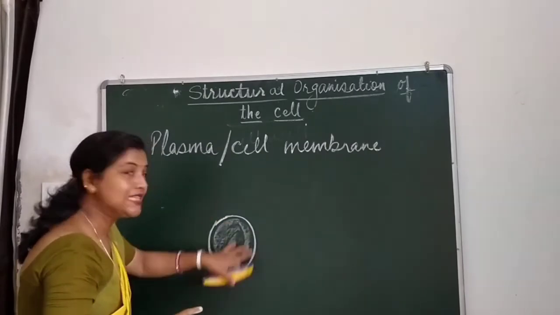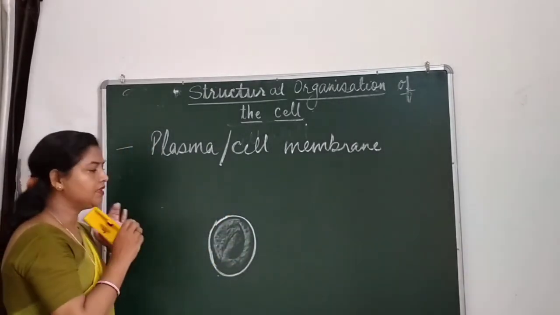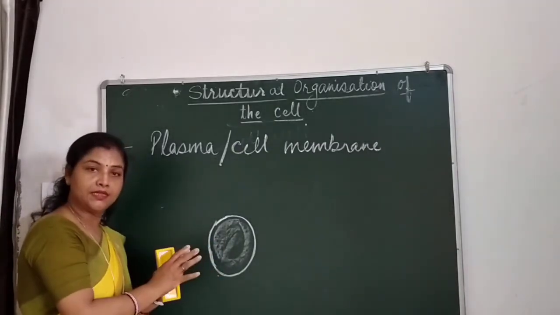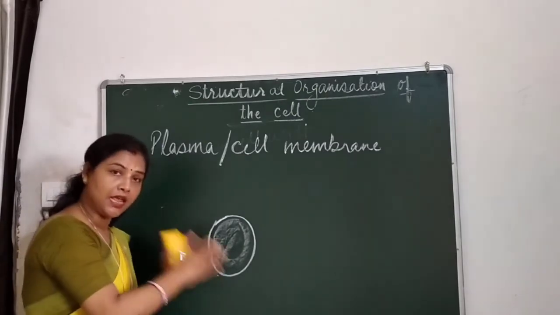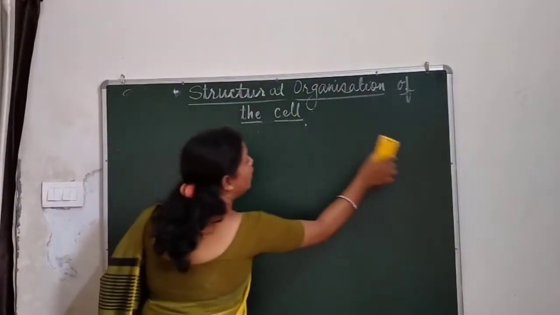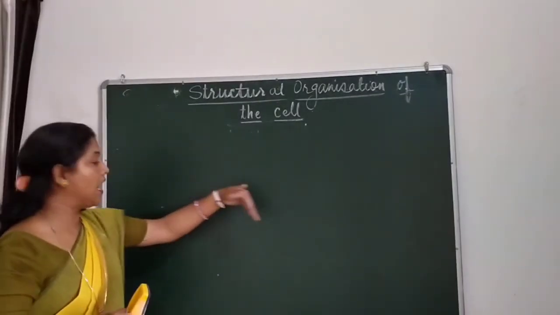This is the cell membrane or plasma membrane. So we can say that it maintains the internal environment. We need to know how substances move in and out of the cell.